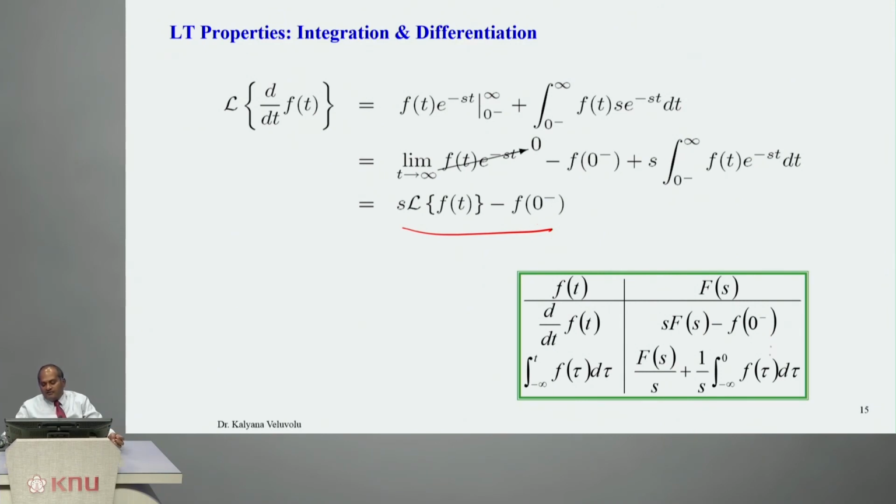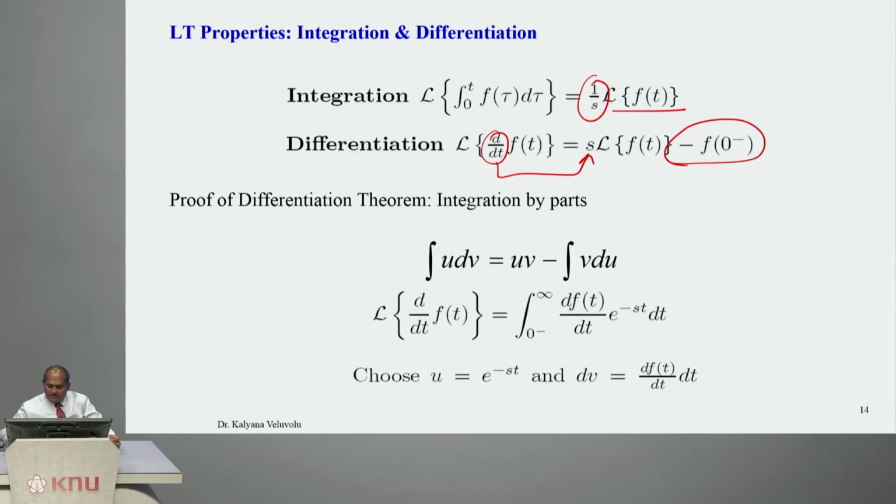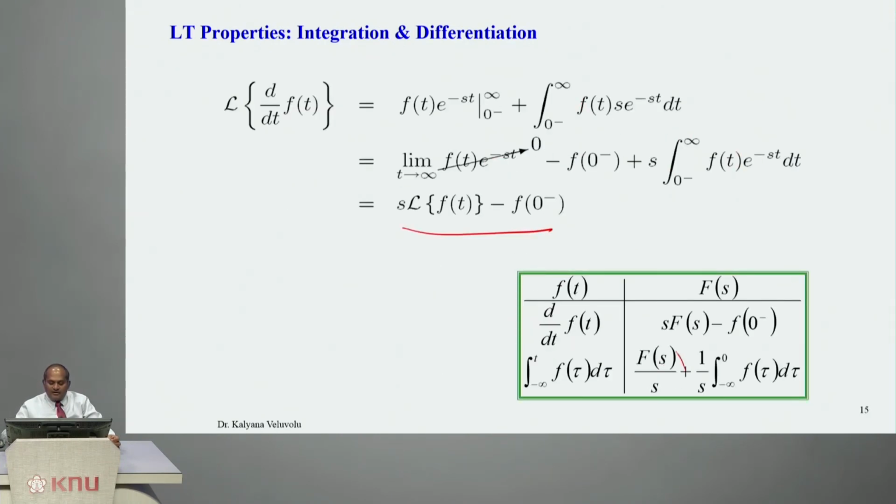So for integration and differentiation, you have this form. For the derivative of f of t, you get s times F of s minus f of 0. For the integral, you get 1 by s times F of s, which is the easiest form of representation.